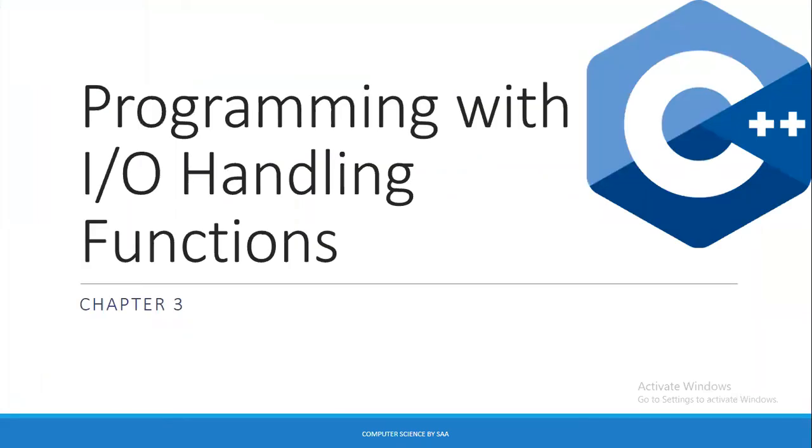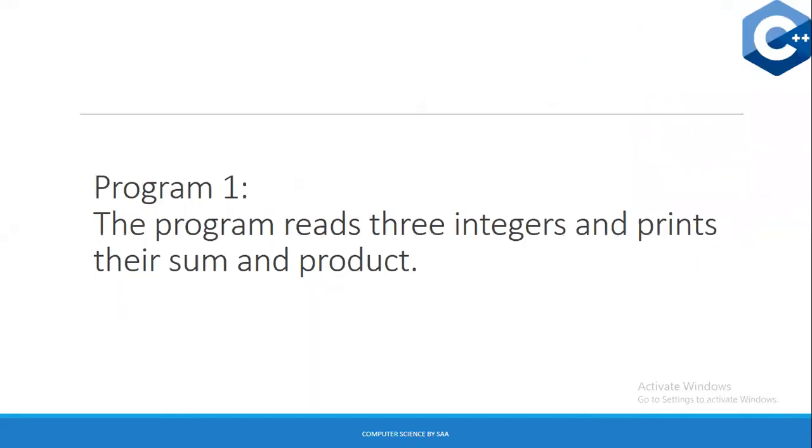Okay, here are some examples related to the input and output handling functions that we discussed in our previous lecture. They are very easy. The first example is, we have to write a program that reads three integers and prints their sum and product.